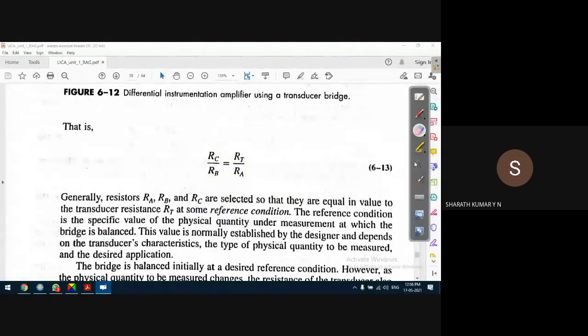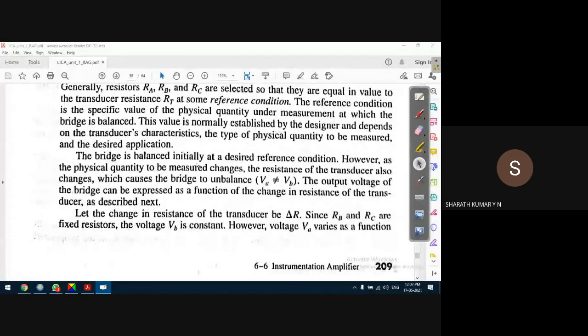The bridge is balanced initially at a desired reference condition. However, as the physical quantity to be measured changes, that is as delta R changes, the resistance of the transducer also changes. For example, a change in temperature results in a change in resistance of the strain gauge, which causes the bridge to unbalance.